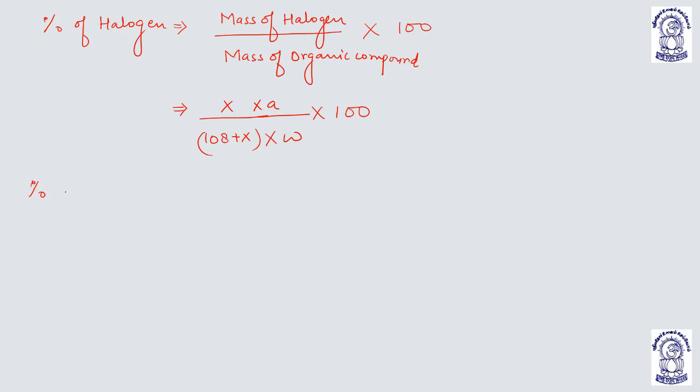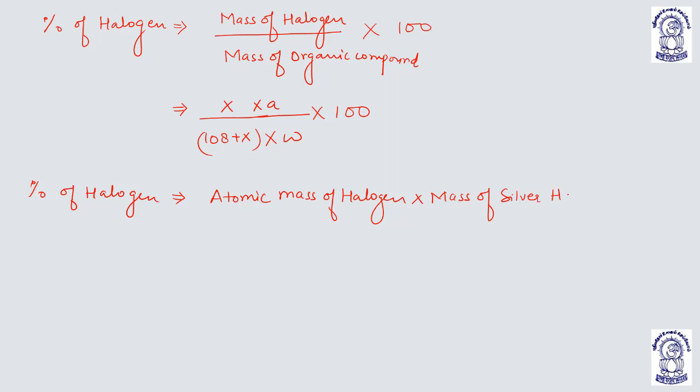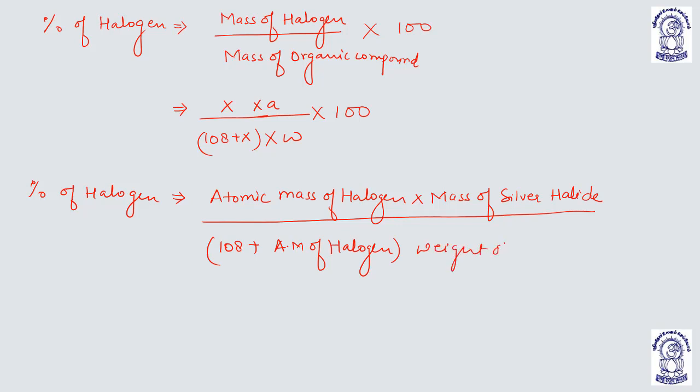There is another formula of percentage of halogen. It is equivalent to atomic mass of halogen x into mass of silver halide, upon 108 plus atomic mass of halogen, into weight of organic compound, into 100.